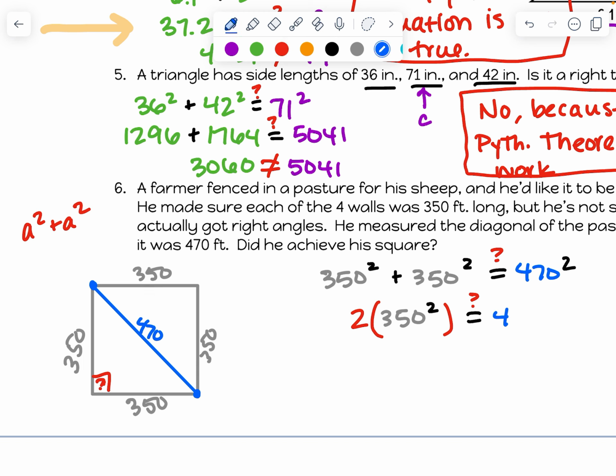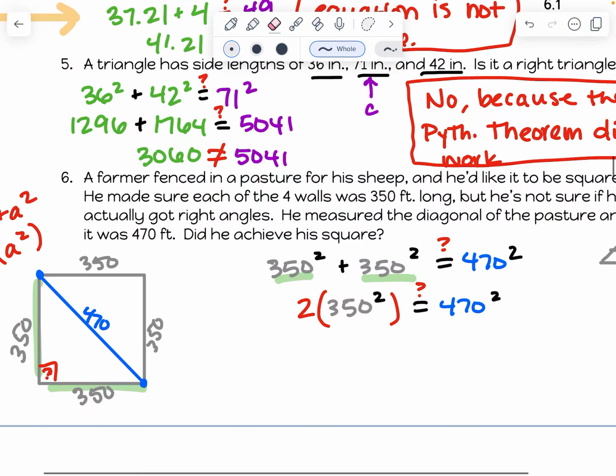Now, I will tell you, this is not the easiest way to solve this specific problem, but when we're talking about squares, this idea shows up. Anytime you have a square with your Pythagorean theorem, since your A and your B are the same, you end up with 2 times just the a squared. And where that will help you later is, let's say I have this number, 470.